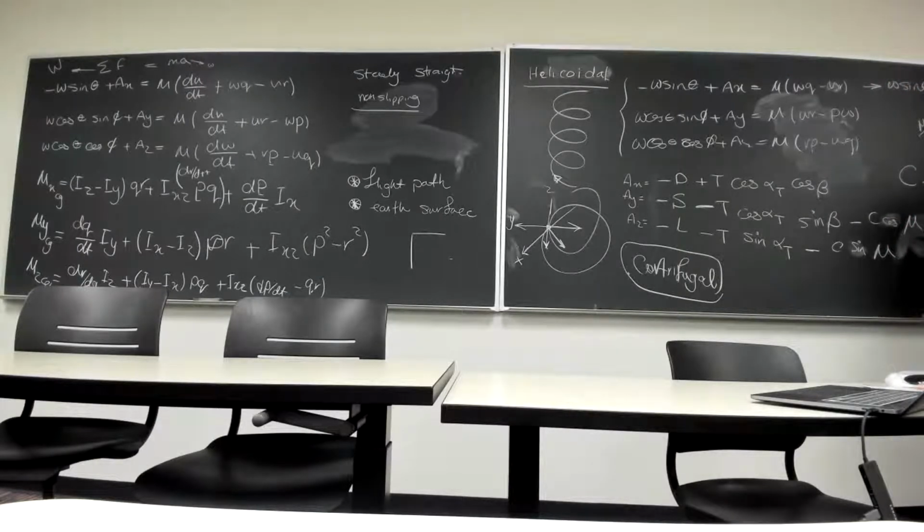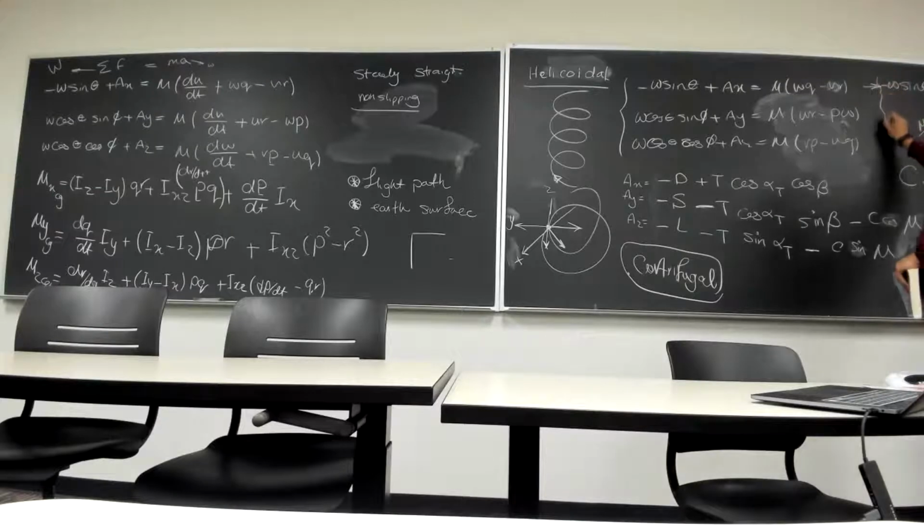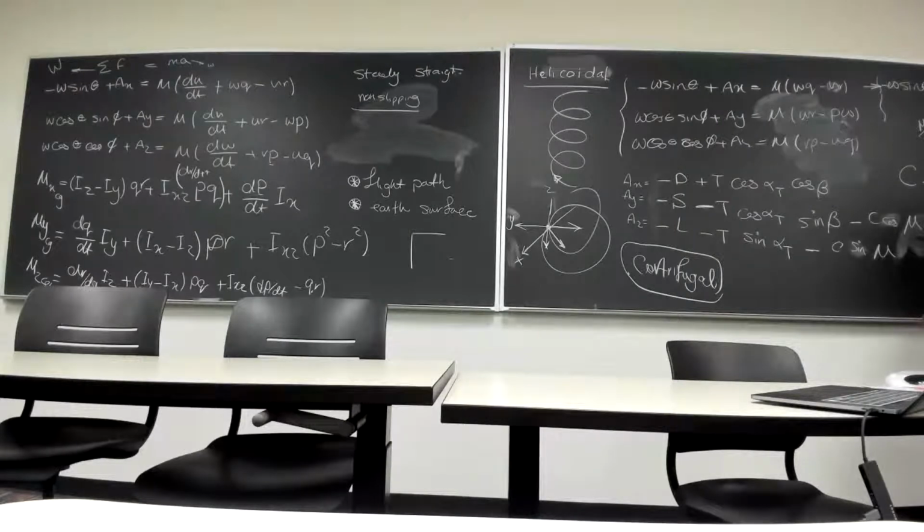So T cosine alpha t, and the cosine beta drops out because there's no sideslip angle. Equals 0. A_Y equals negative W cosine theta sine phi equals negative thrust cosine alpha t, negative W sine theta.